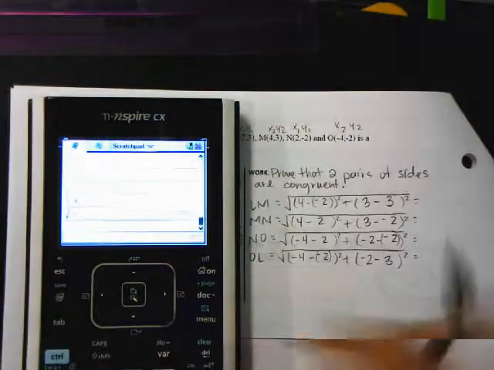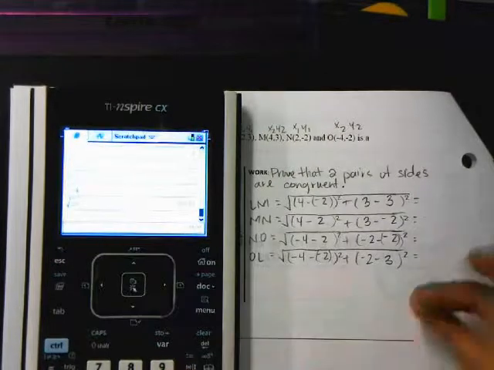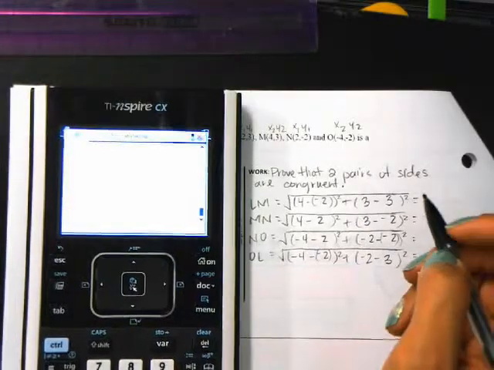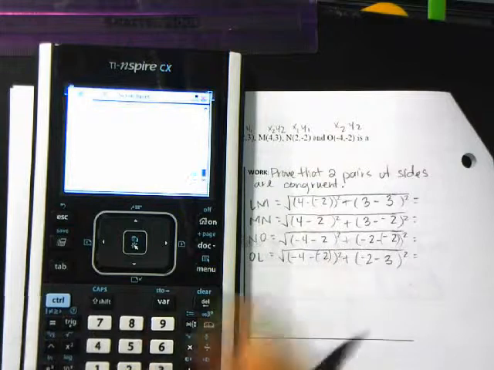So, square root, parentheses, 4 take away negative 2 squared plus 3 take away 3 squared. I got 6 for this one.